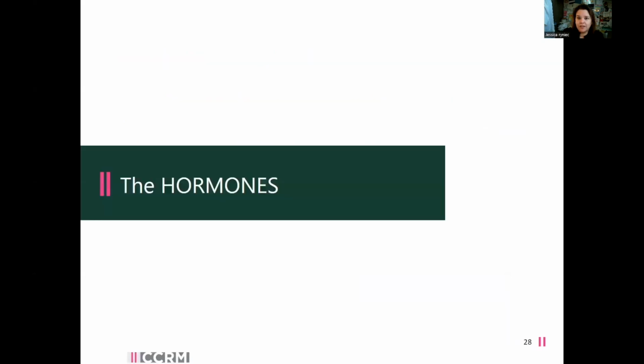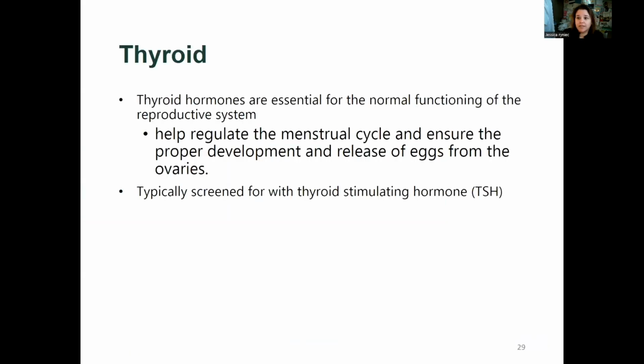All right, moving on to the next, which is hormones. There are a number of different hormones outside of ovarian reserve hormones that we test through this process. And I'm going to talk about the most common ones that might be involved. So there is the thyroid. Thyroid hormones are essential for the normal functioning of the reproductive system and help regulate the menstrual cycle and ensure the proper development and release of eggs.